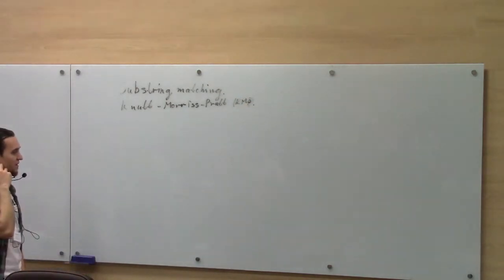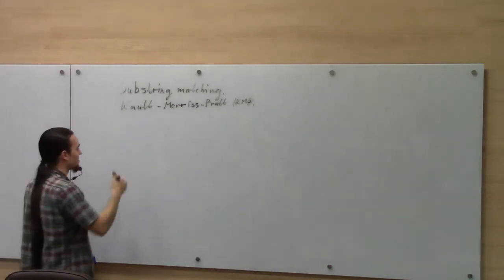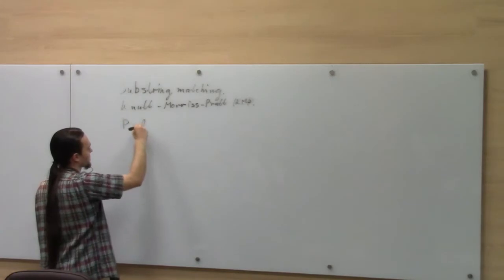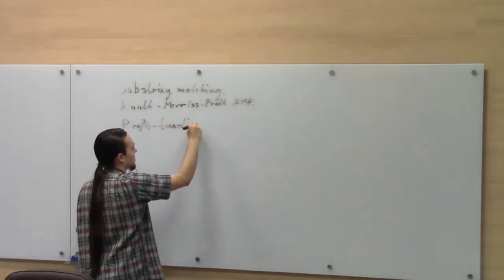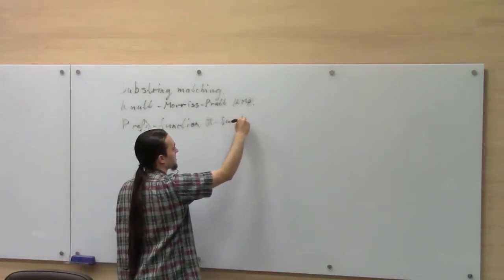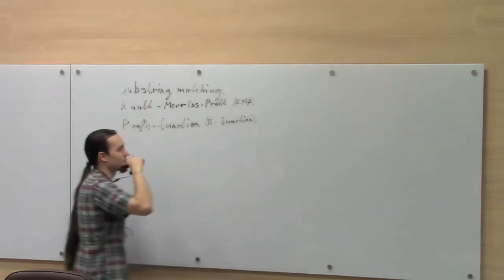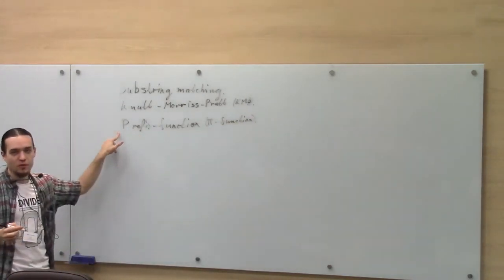To define what it does, we need to define another thing, which is called the prefix function, or sometimes just the P function. Okay, so it's a function. No, it's actually an array.